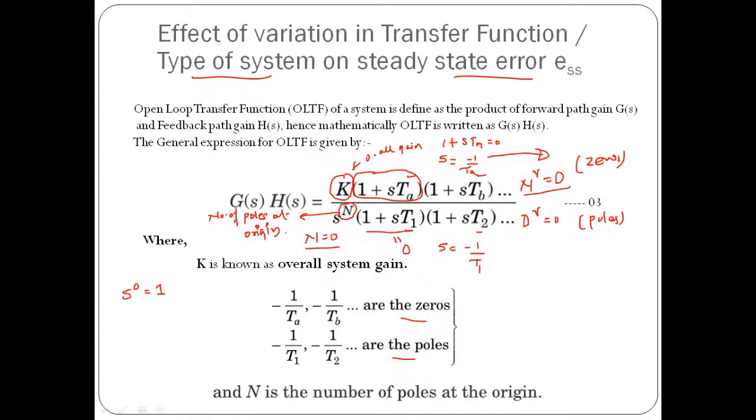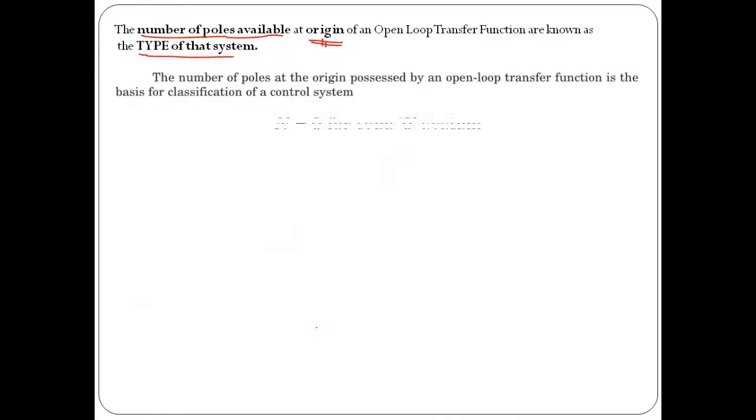This is very important. From this we conclude that there will be no pole available at origin, because n equals 0, and n is the number of poles available at origin. That's it. So the same thing is mentioned over here.